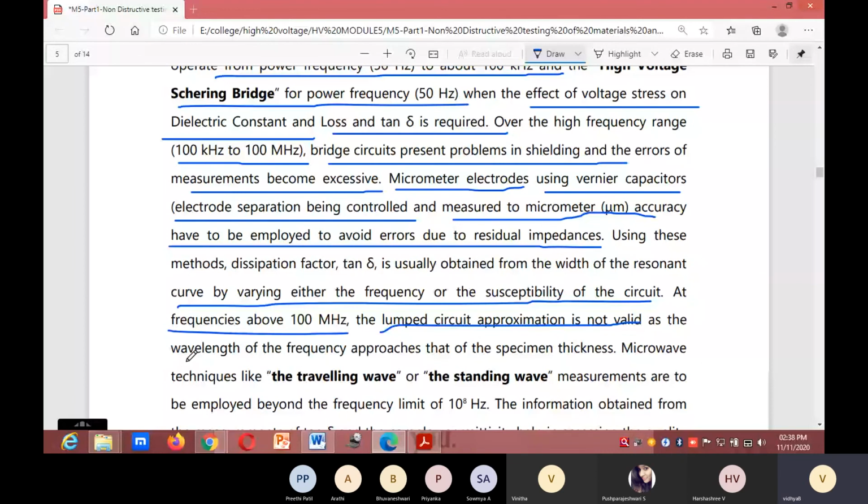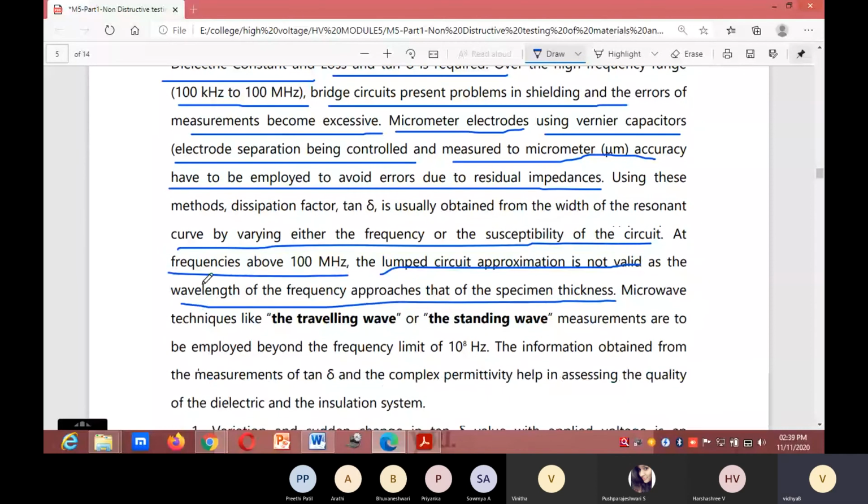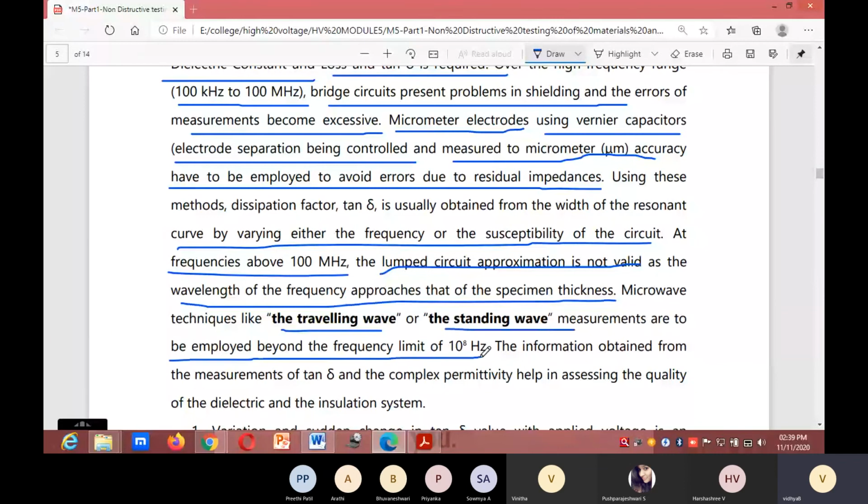Microwave techniques like traveling wave and standing wave measurements are to be employed beyond the frequency limit of 10 to the power of 8 Hz.